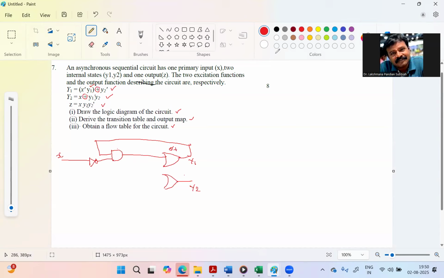So one term is X bar Y1, where small y1 is the secondary variable.